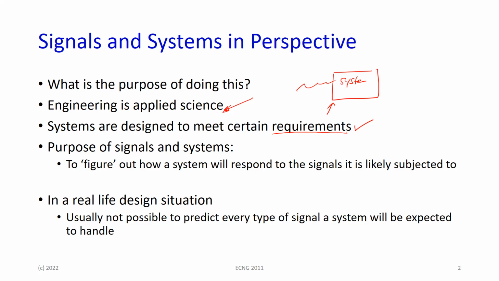And if it works for those, then we are fairly confident that it's going to work for all the real world signals that are there. And the signals, of course, are the step, the impulse, and the sinusoid, and to a lesser extent, the ramp.